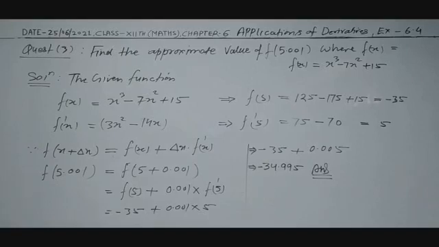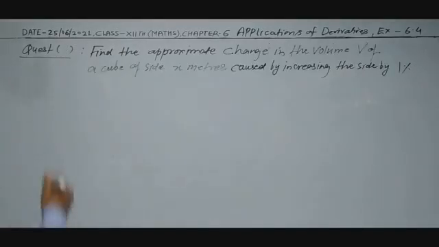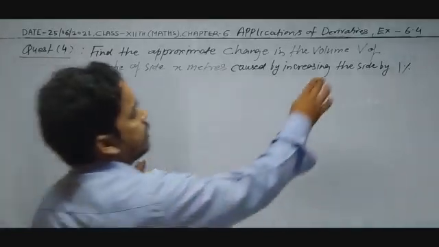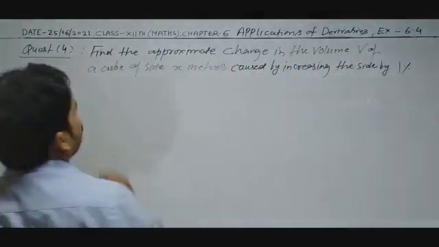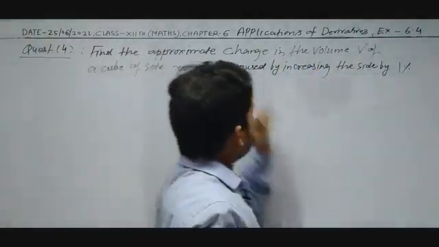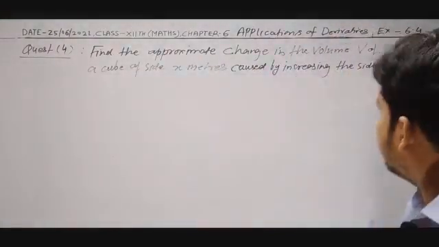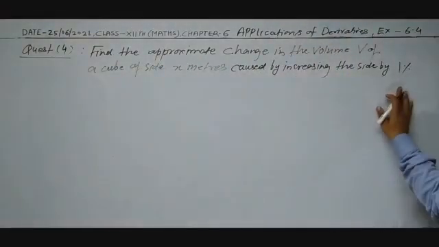Now come to the next question. Question number 4 is, this is question number 4 of NCERT. Find the approximate change in volume V of a cube of side x meter caused by increasing the side by 1%.